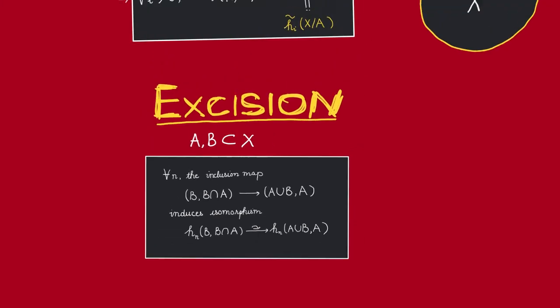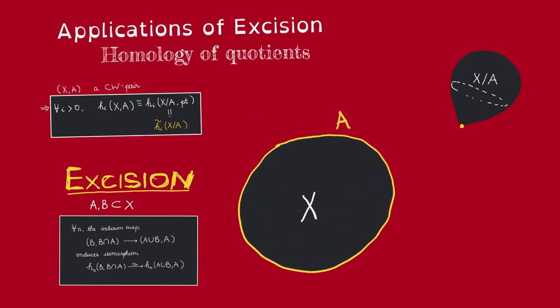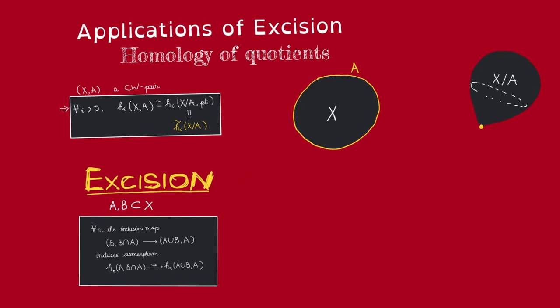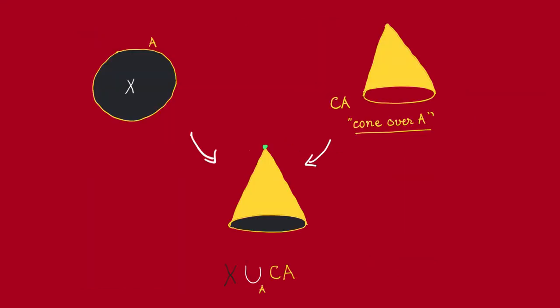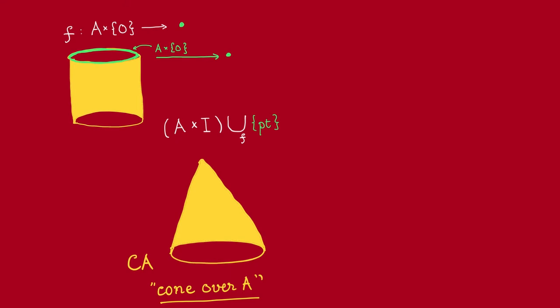So that was the excision axiom. Now let's try to use that to prove our theorem about homology of quotient. Let's start with a CW pair X and A. Our idea is to use excision on this space, which is obtained by gluing X with the cone over A along A. Now, what is the cone over A?